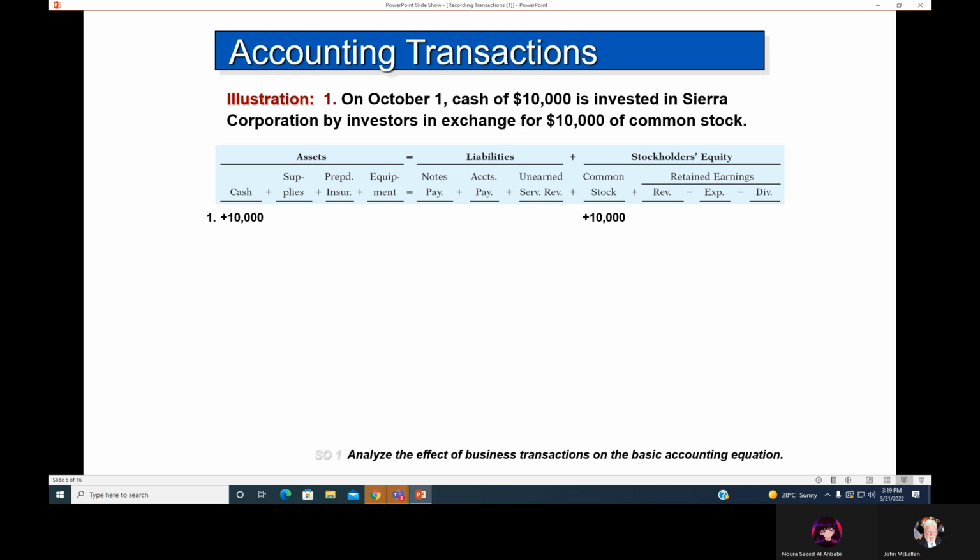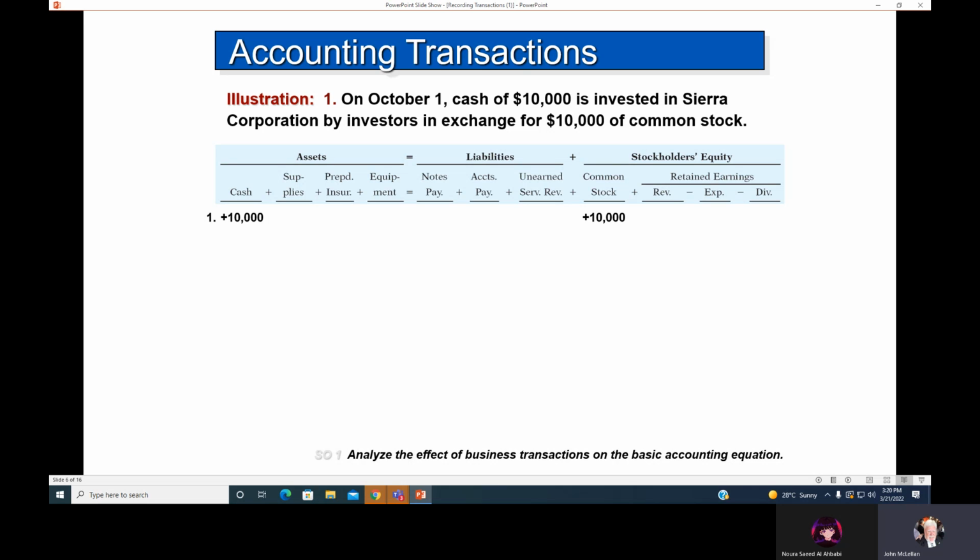Why? Why do you say it's balanced? Both sides are equal. The assets and liabilities. There's an increase on the asset side, and there's an increase on the shareholders' equity side. So that's in balance, and that will be the essence of every transaction.